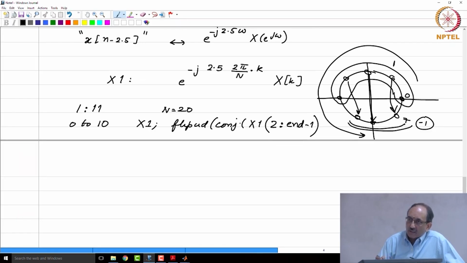If this were an odd length sequence, instead of end minus 1 you would go up to end, because you would not have a sample at N by 2. So, there is no question of repeating this. Only when N is even would you go to N minus 1, because you do not want to repeat this guy. In any case you never want to repeat this, because that is k equal to 0 sample.